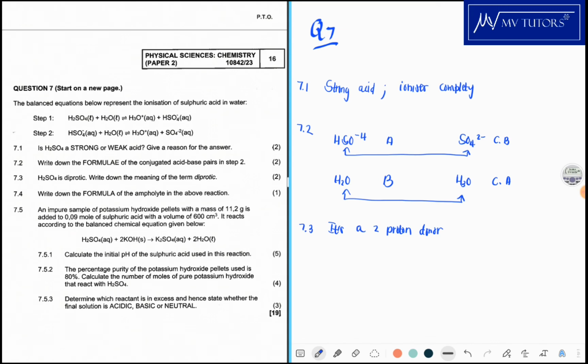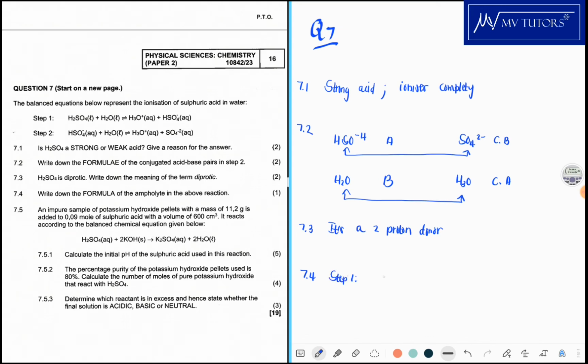And then 7.4, it says write down the formula of the amphiprotic substance in the above reaction. An amphiprotic substance is one that can be an acid or a base. It just depends. Water normally is one, but in this reaction, let's go to step 1.